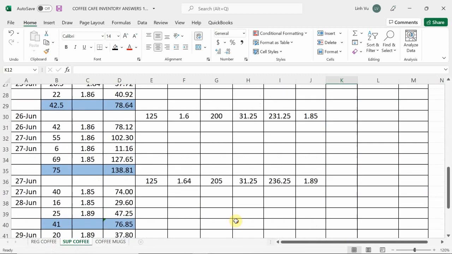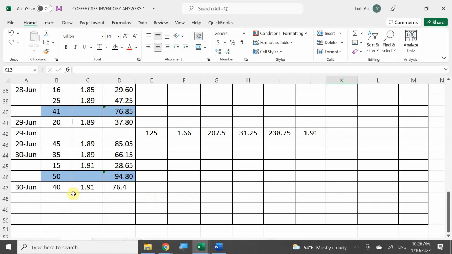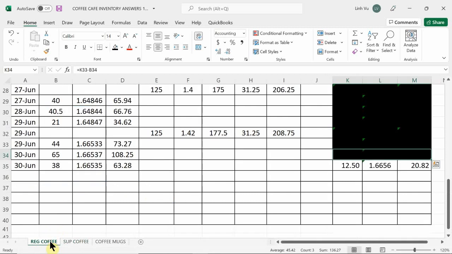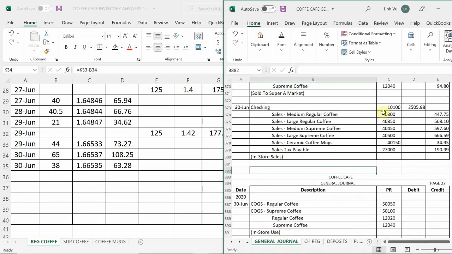Okay. So let's take a look here. We sold 76.40 of the Supreme, and we sold 63.28 of the regular. Okay, so here's your journal.